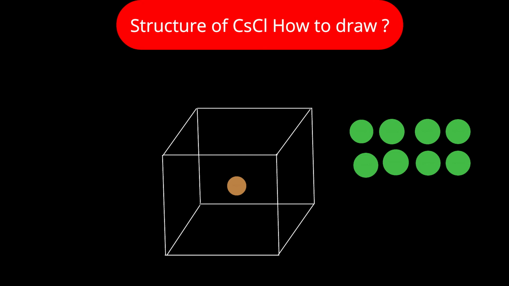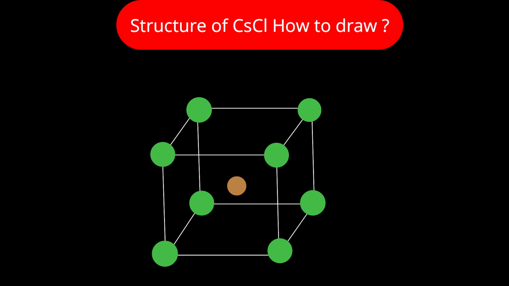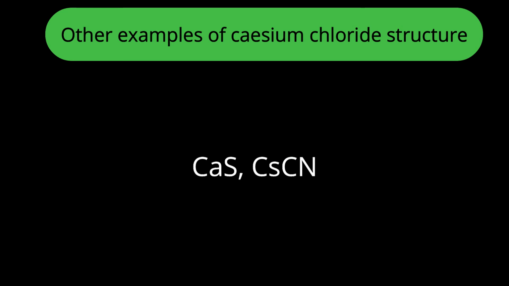Right, I should place them at each corner of the cube. Here are chlorides at each corner. Yes, this is the structure of cesium chloride. Is it not easy? These are two other examples which show a structure similar to cesium chloride: one is calcium sulfide and the other is cesium cyanide.